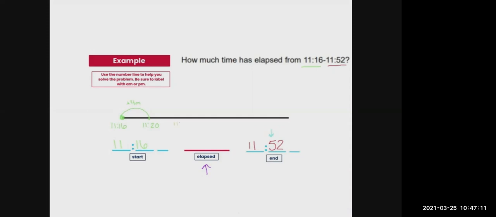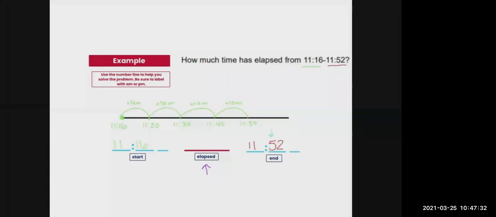So 11:30, which is plus 10 minutes. 11:40, which is plus 10 minutes. And then 11:50, which is also plus 10 minutes.